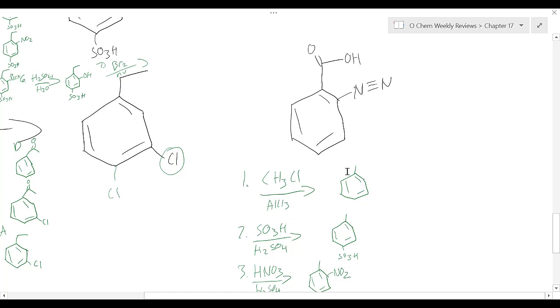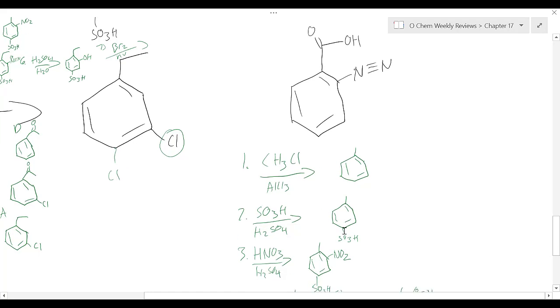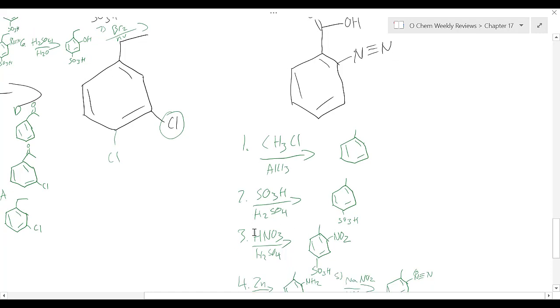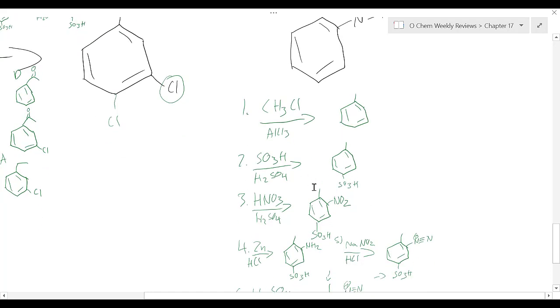So after we have our methyl group, we're gonna introduce SO3H. It's gonna go para. After we have that, we're gonna add HNO2, which is gonna go ortho to our activating group. SO3H, I believe, is a deactivating group, but I have to double check on that. So yeah, methyl group takes priority.